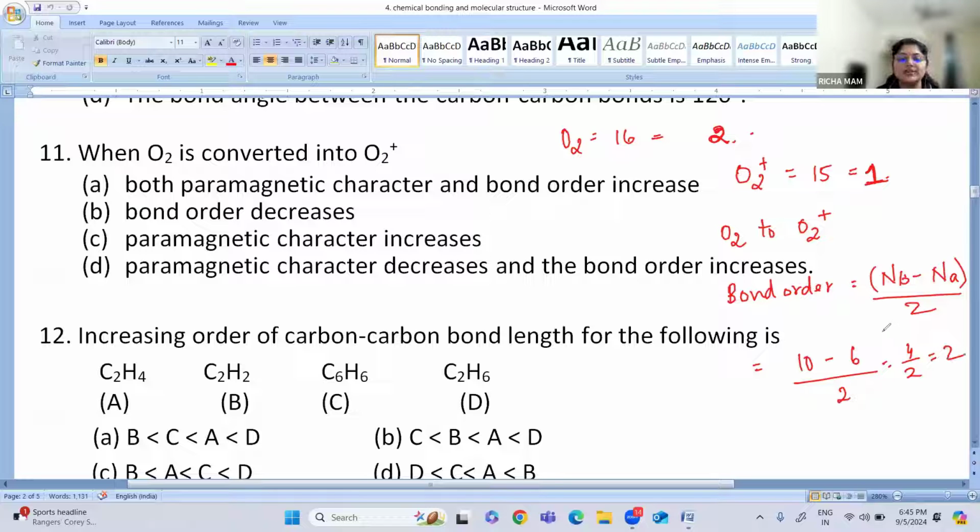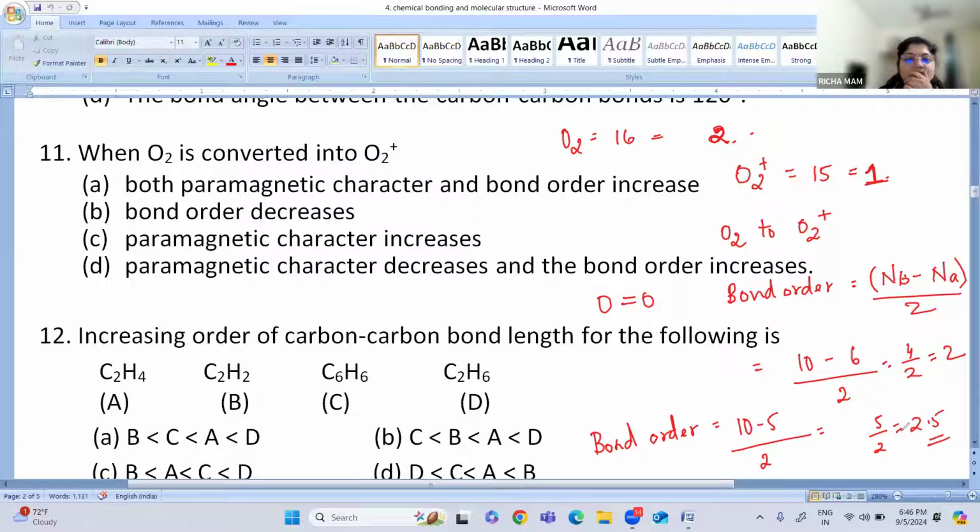So the bond order in O2 is 2. And for O2 plus, with 15 electrons, it will be 10 minus 5, so 5 by 2, that is 2.5.